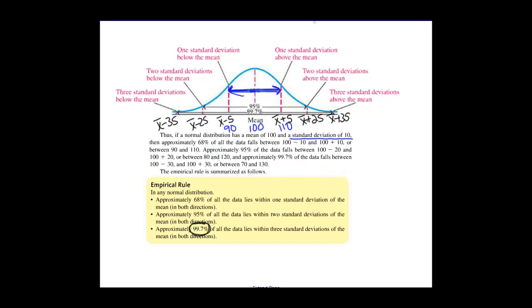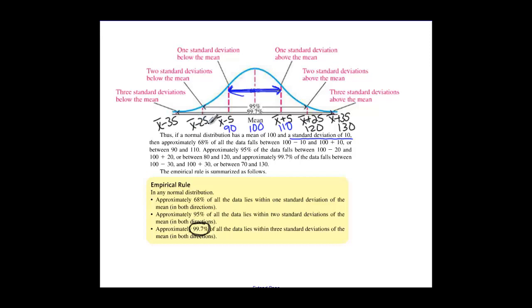Let's keep going further. In fact, let's go ahead and fill this out. So plus two standard deviations, I would have 100 plus 20, and then 100 plus 30. So 120, 130, and in this direction 100 minus 2 times 10.